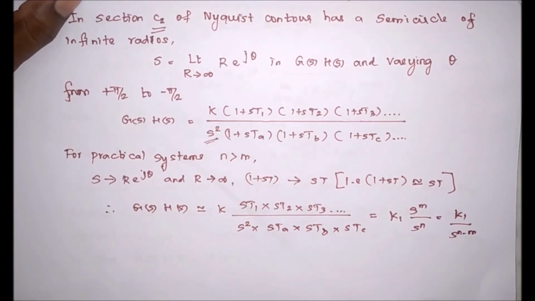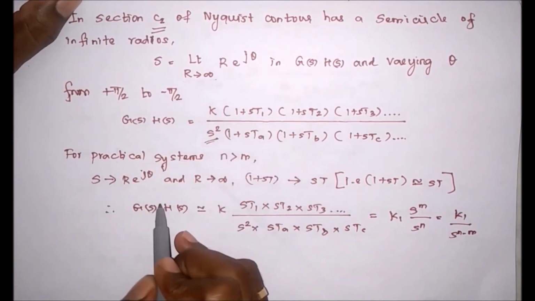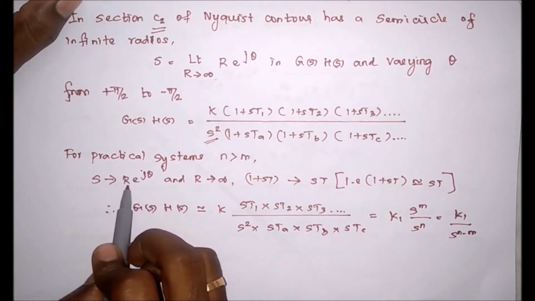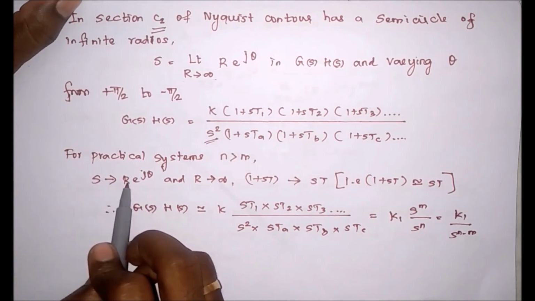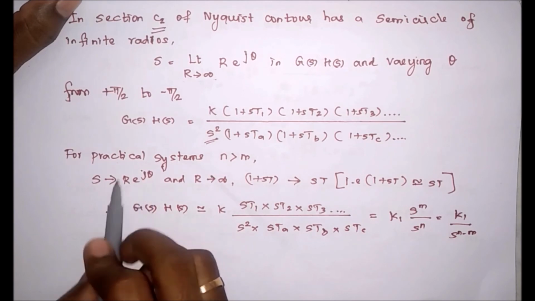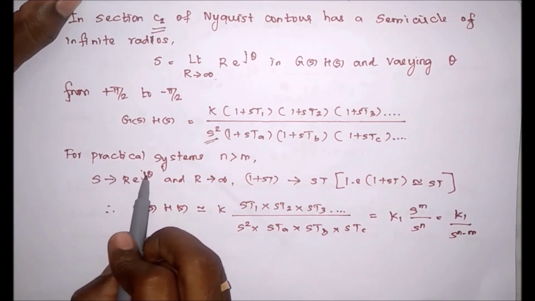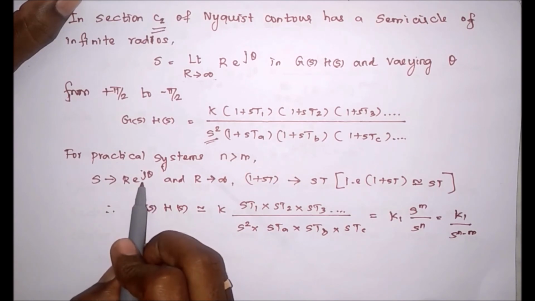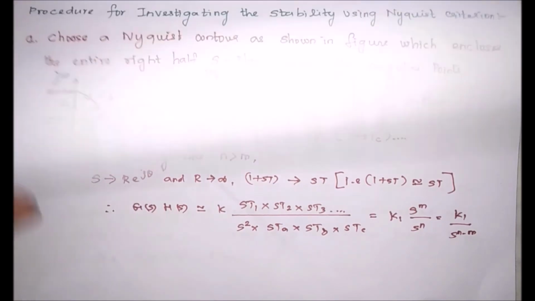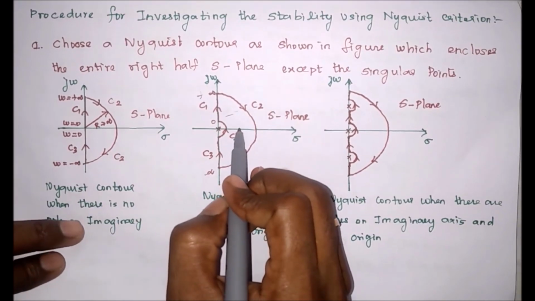Therefore, for R equal to infinity, we have to substitute s equal to R e^(jθ), because it is a semicircle, so we know the radius also. From this contour the radius is infinity.